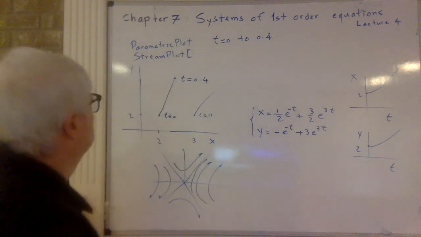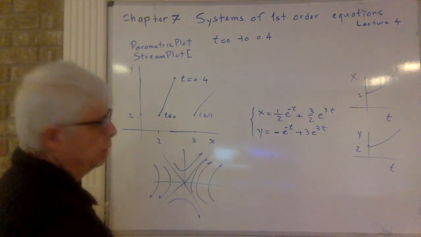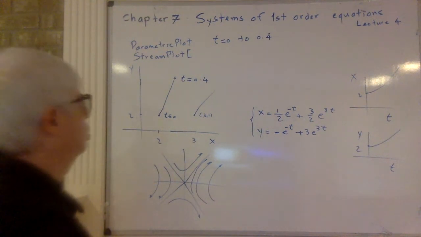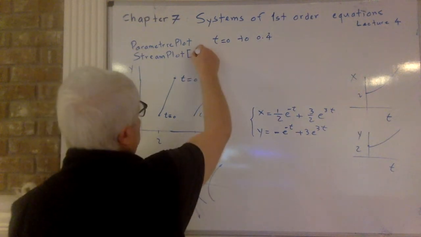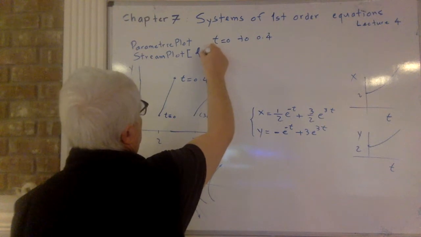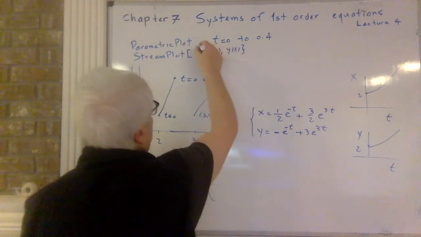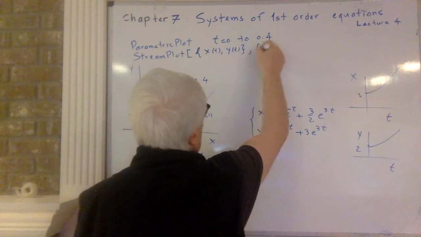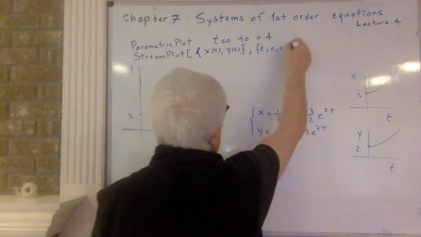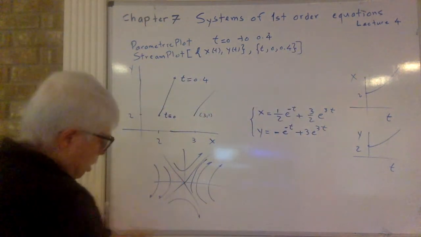If you use StreamPlot on Wolfram Alpha, you should understand it. Inside it you give x(t) and y(t) in braces, and then say I want t to go from 0 to 0.4. That will give you a picture like this.